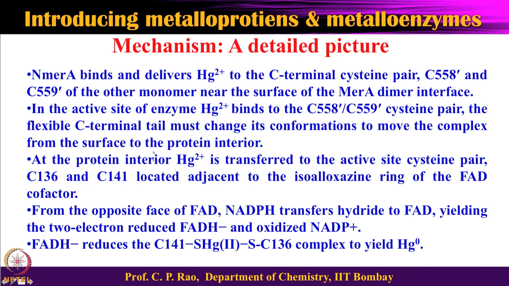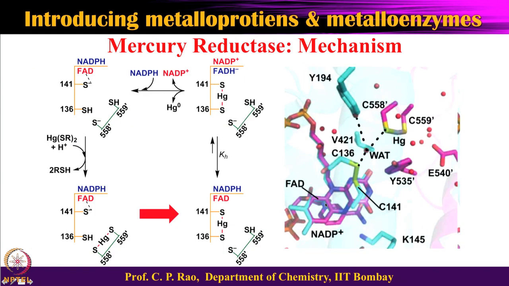You can call the whole thing process 1 or step 1. And then next is the activation of the FAD to FADH minus. Step 3 is FADH minus transferring the electrons to the mercury 2+ and making it mercury 0. Okay. The same thing that I said in words, let us see through a schematic.